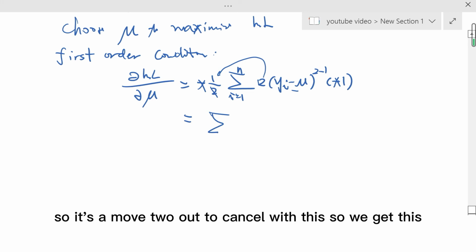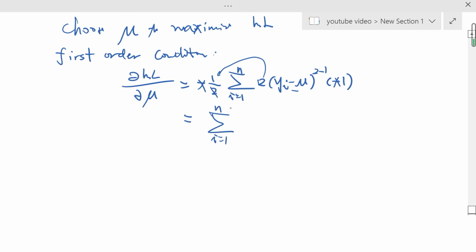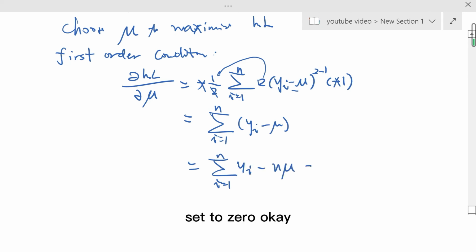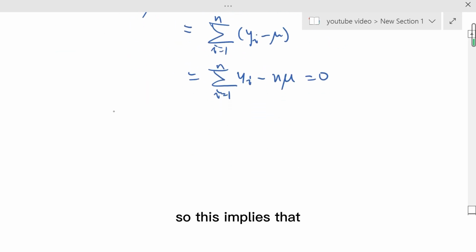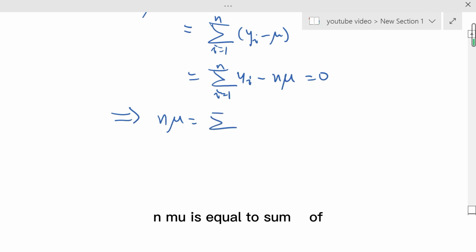So we get this, and there's no square here. Set it to 0. This implies that n mu is equal to the sum of the yi.